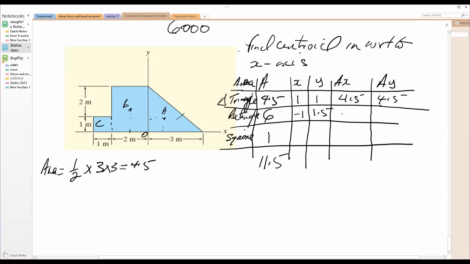The next part is, we multiply them now, and you'll get what? This will give you what? -6, and the other one will give you what now? -6 times 1.5. How much is that? Anybody following me? That's what, 9? The square, how about the square now? What is the value of X for the square? Right down to half of the square is what? Half.